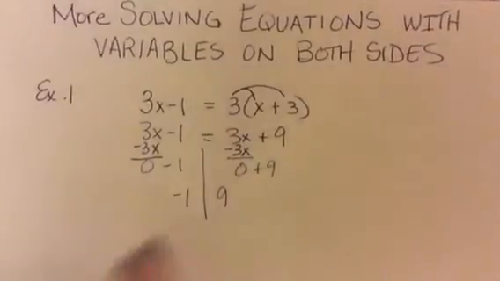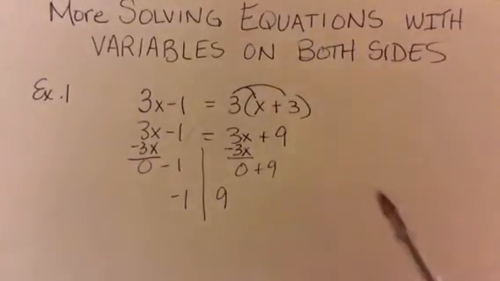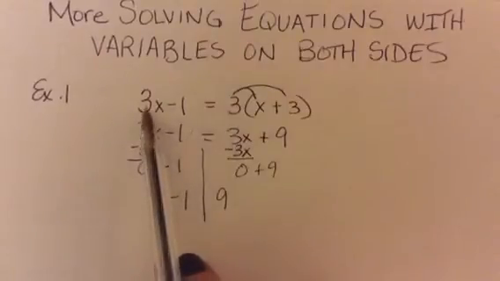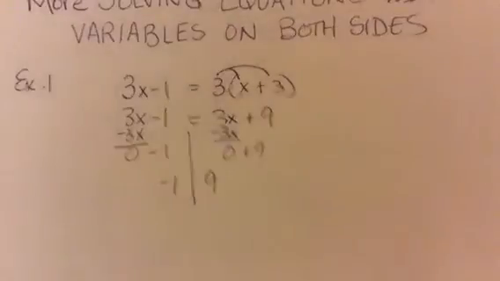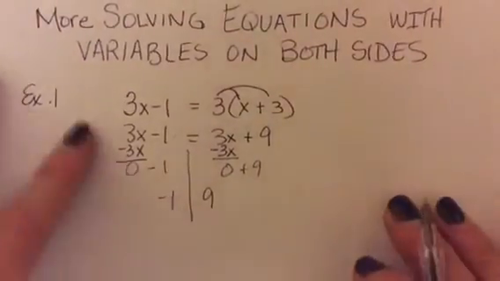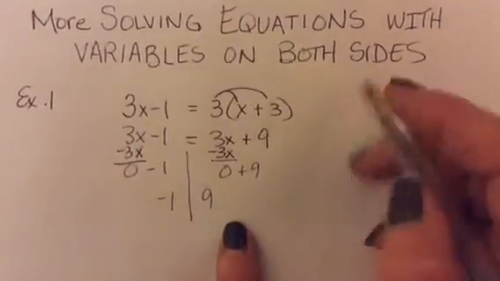And they are not equal. So what that means is, it's not a balanced equation, and that means that there's nothing that I could put in for x that would make this side equal to this side. Some people say, well, how come negative 1 can't be a solution? Well, let's try it.